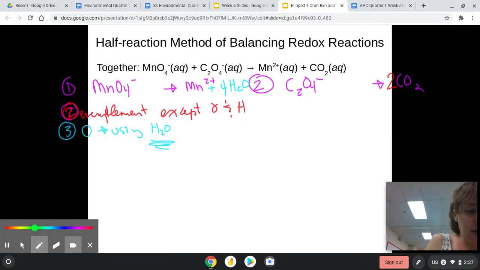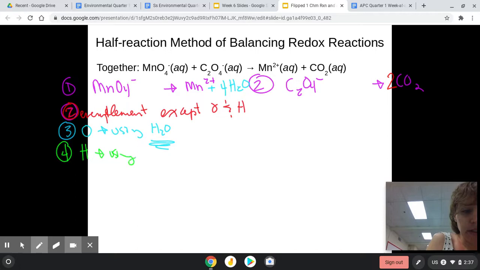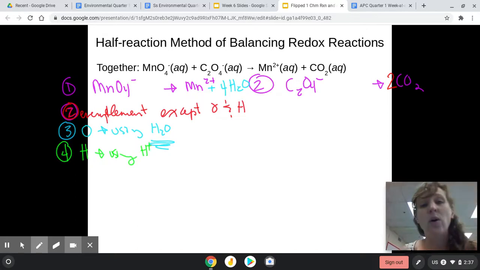All right, now I'm going to go to step 4. Now I'm going to balance my hydrogens using H+. The only thing you need to do in lab to make sure you have H+ available is acidify your solutions. You just add a little bit of acid and then you have hydrogens floating around that can be used in the equation, but don't necessarily have to be used.